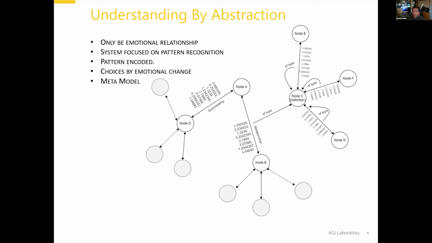Now, when looking at choices in the system, it's not going back to whether this emotion is greater than that emotion.